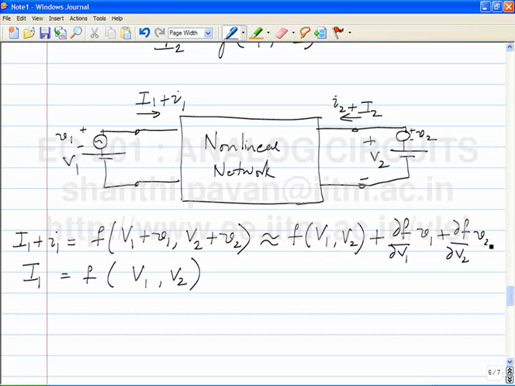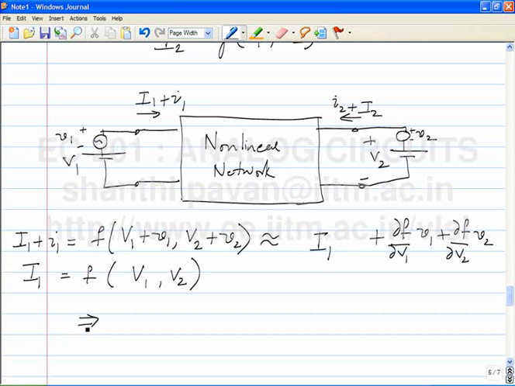Okay. So just analogous to the two terminal case, if you approximate it only by the first, only the linear term, so to speak, then you can see that I1 plus small i1 is given by f of V1 comma V2 plus dou f by dou V1 times small v1 plus dou f by dou V2 times small v2. And what is f of V1 comma V2? It is I1. So what does this mean?